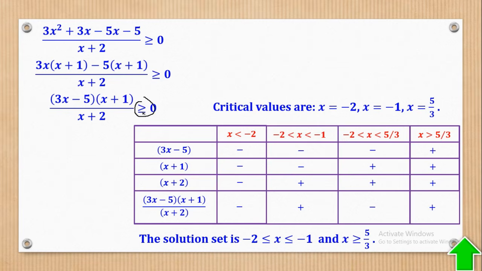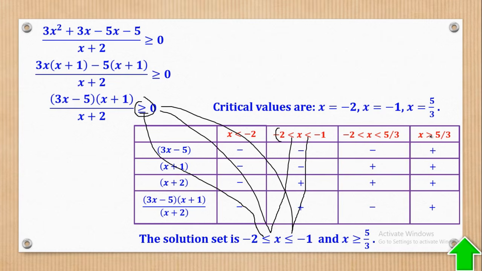The given inequality has or equal to. Because it has this or equal to, even our answers must have the or equal to. That is why we write this one, but this time we put the or equal to because it was there in the question. Here I also put or equal to because it was there in the question. Here I also put or equal to because it was there in the question. So that is how you conclude your solution set.